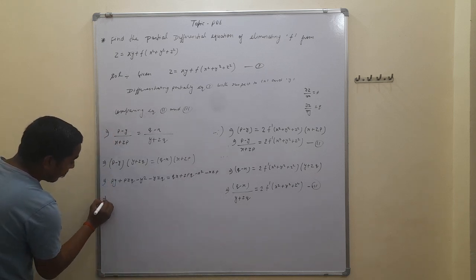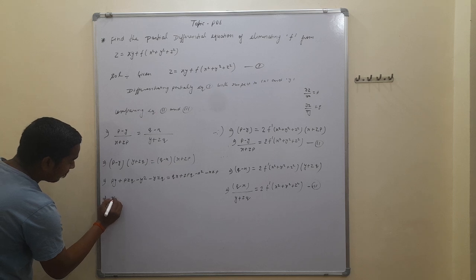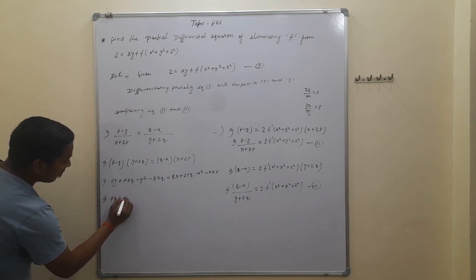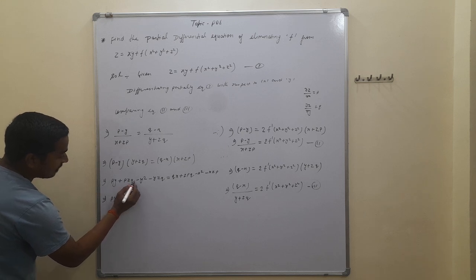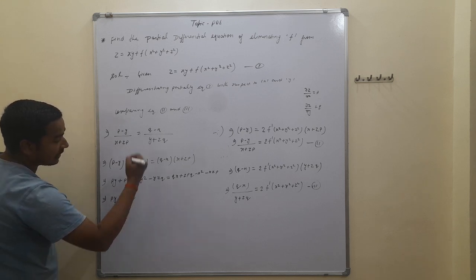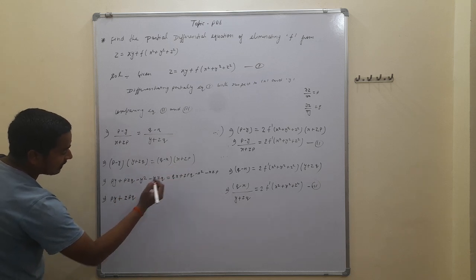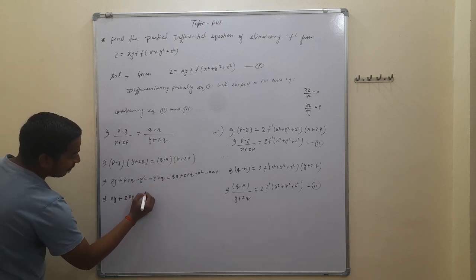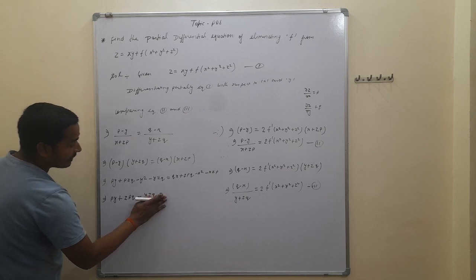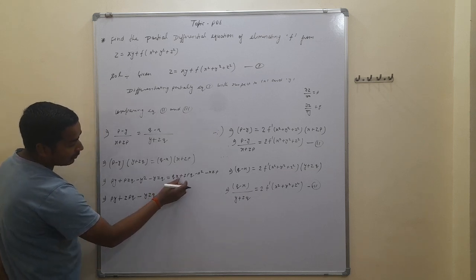This is written as py plus zpq, and minus y square is taken to the right hand side, and minus yzq is equal to, once again we take qx to the left hand side.